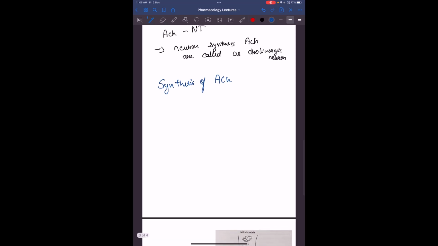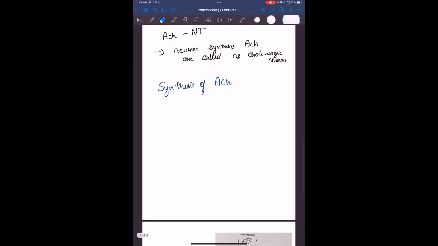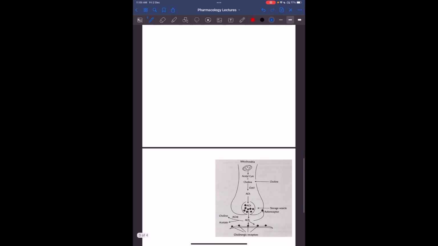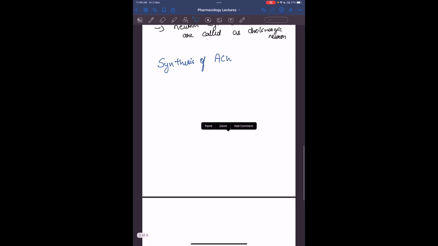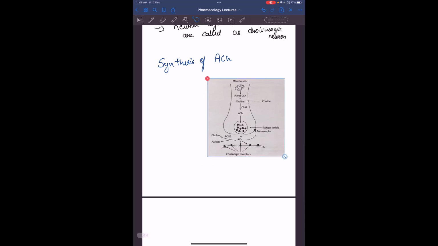Let us take this diagram first. Choline enters the cholinergic neuron. This is a cholinergic neuron, and it is a carrier-mediated transport.